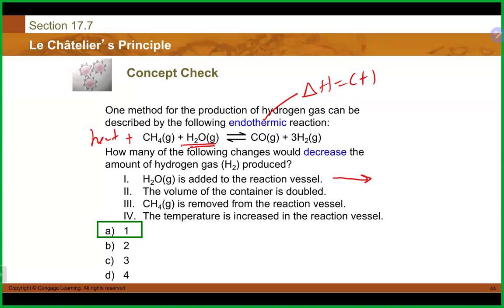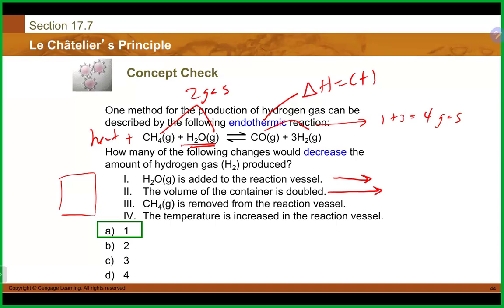If the volume of the container is doubled, so our volume gets larger, which means we need more gas molecules in this case to fill it. Left-hand side, there are 2 gas molecules. Right-hand side, there's actually 4. 1 plus 3 is 4. So in this case, we actually will need more gas molecules, so that will shift to the right.